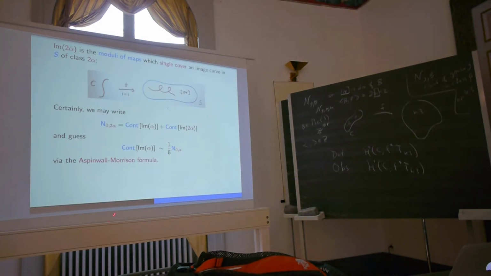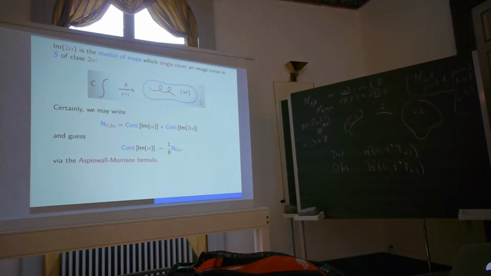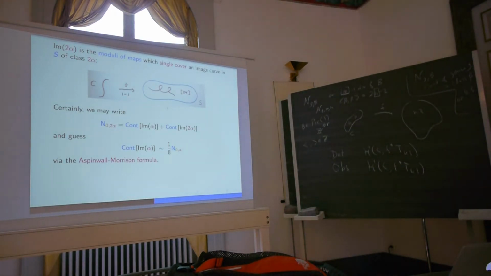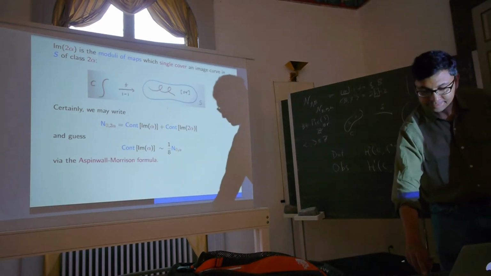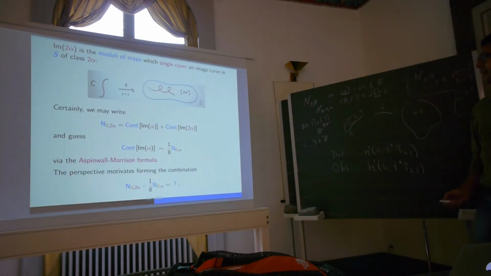And there was an obvious guess, this Aspinwall-Morrison formula. I don't discuss now why this is the obvious guess. If you think about the twistor picture and you know about Calabi-Yau threefolds, it should be relatively clear this is the obvious guess. This perspective motivates the following question.